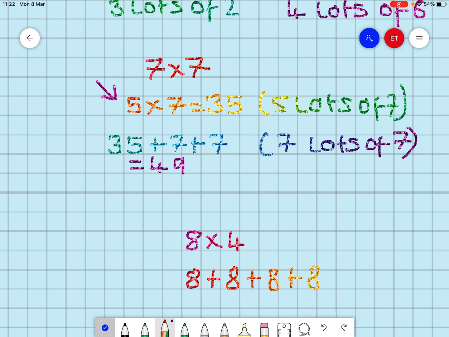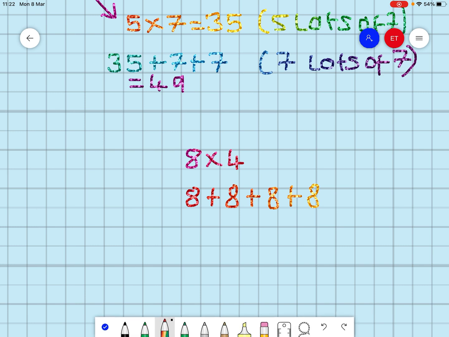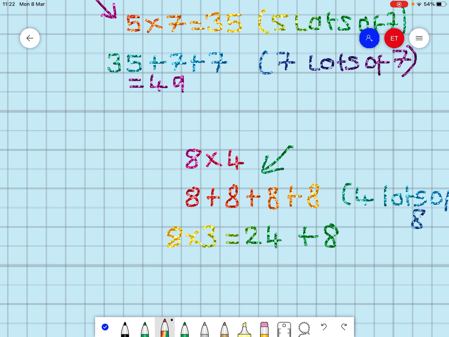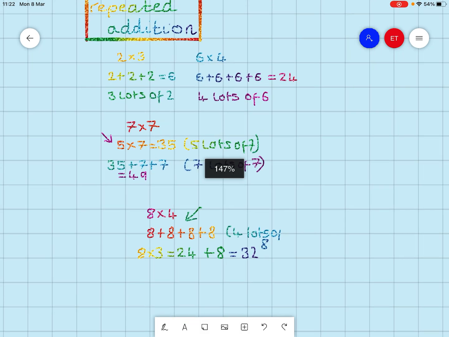But if you knew what 3 times 8 was, so 8 times 3, if you knew that was 24, then you just need to add one more 8 to that, and you'll get your answer to 8 times 4, because you've done 8 times 3, which is 3 lots of 8, and you're wanting to know 4 lots of 8. So you just need to add one more 8, which gets you to 32.